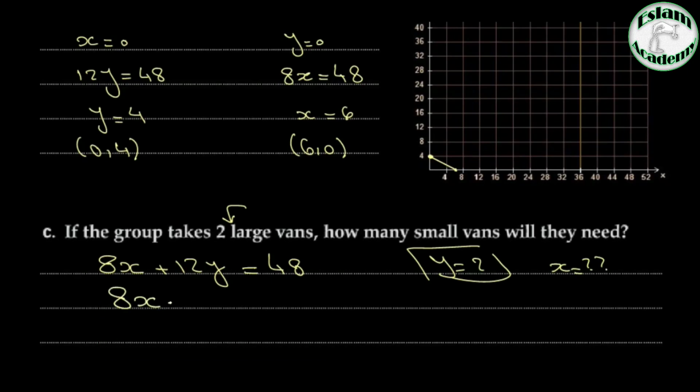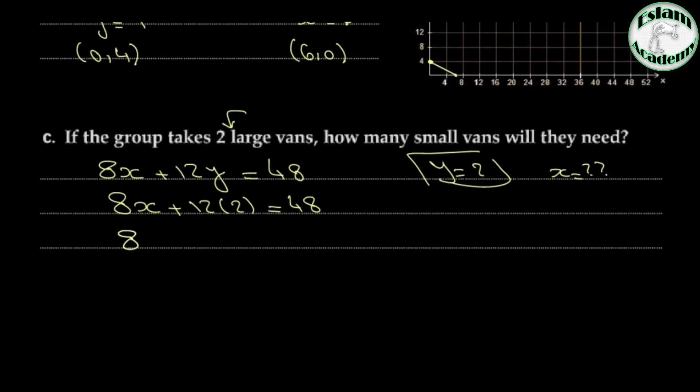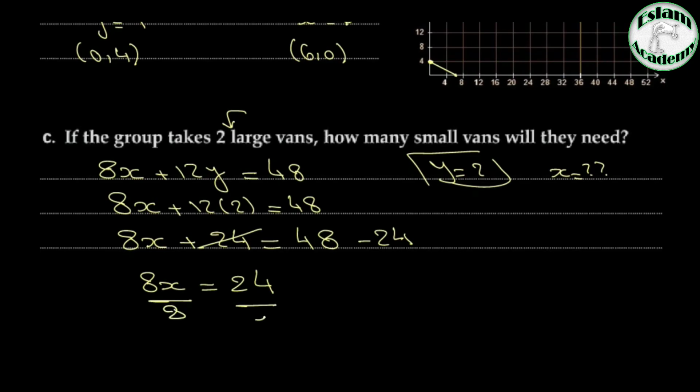So 8x + 12 times 2 equals 48. Then 8x + 24 equals 48. Subtracting 24, 8x equals 24. Dividing by 8, x equals 3. Then we need 3 small vans.